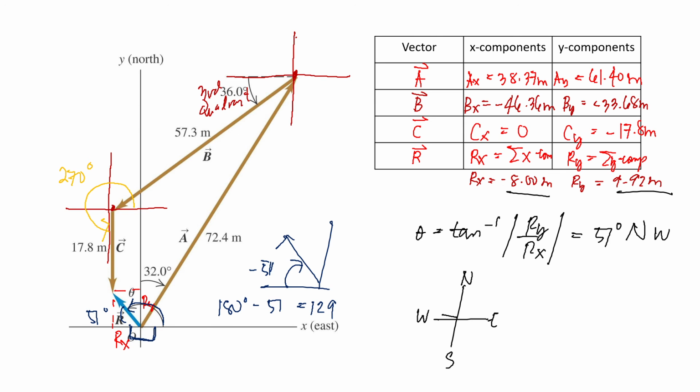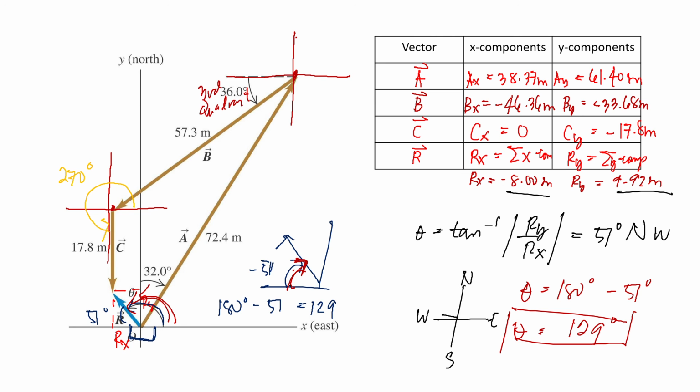If you wanted this angle theta, it is 180 degrees minus 51 degrees, so your theta is 129 degrees measured from your positive x-axis.